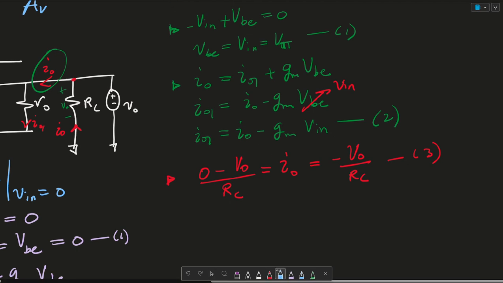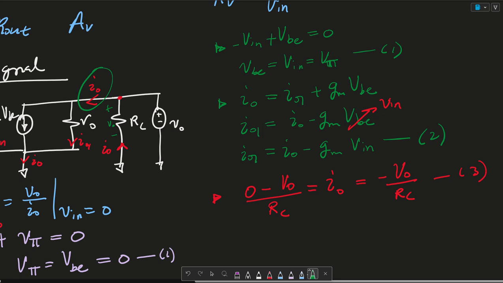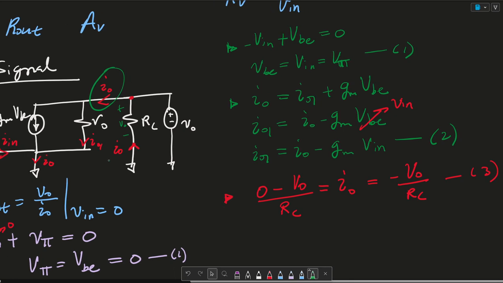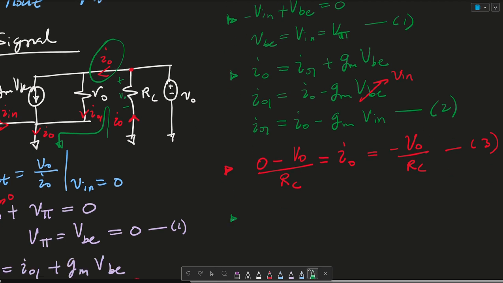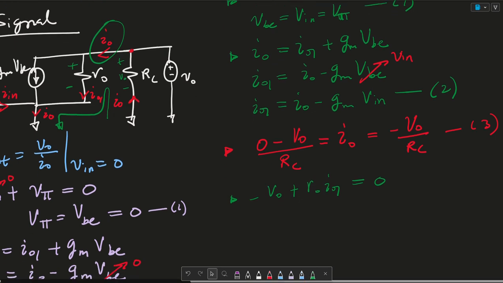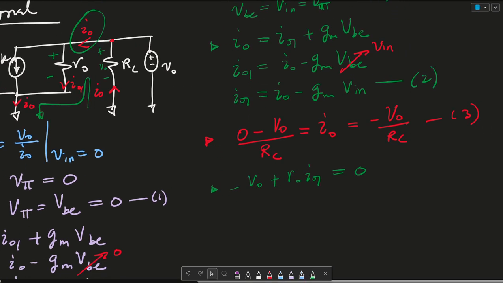The last equation that's necessary for this analysis is this KVL right here. We can say minus VO plus, again because this is a plus minus, RO IO1 is equal to 0. Let's plug in our values for IO1.